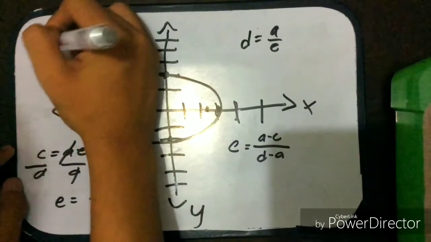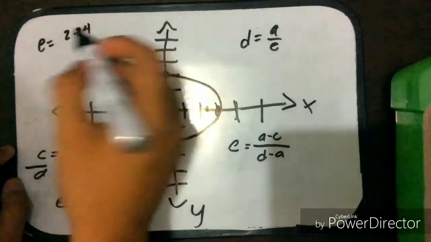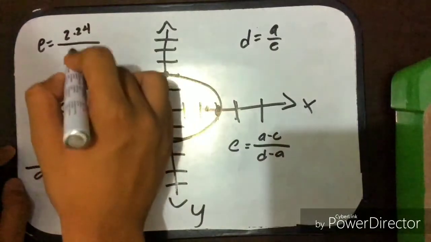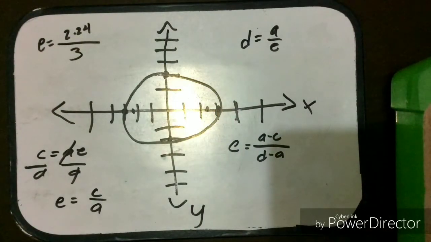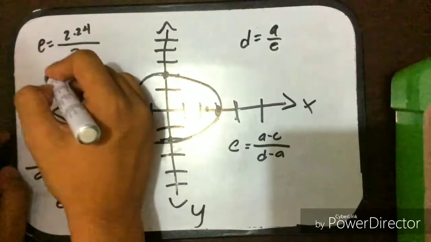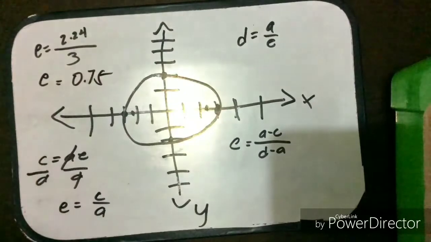E equals 2.24, your foci, divided by 3. So, remember, note, the eccentricity of an ellipse is always lower than 1. So, 2.24 divided by 3 is equal to 0.75.